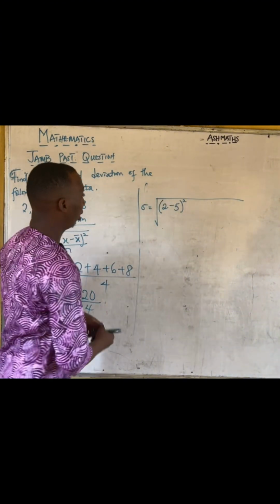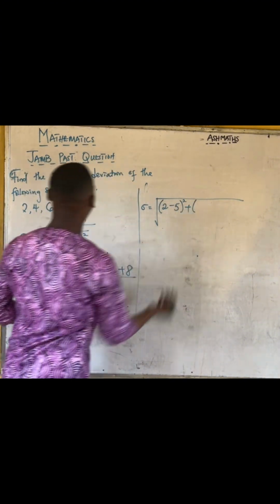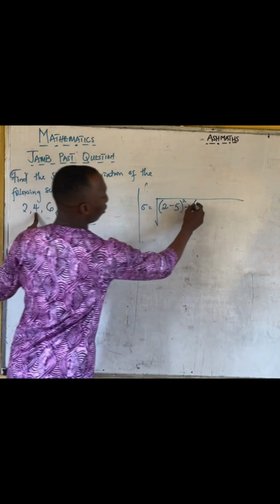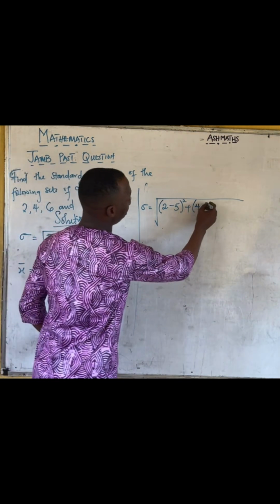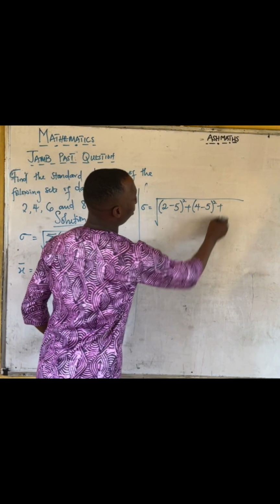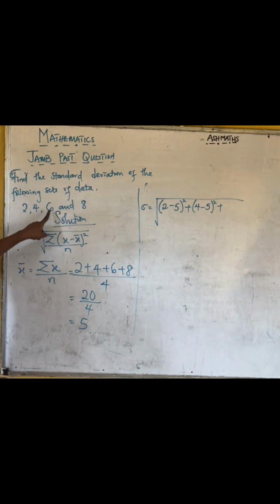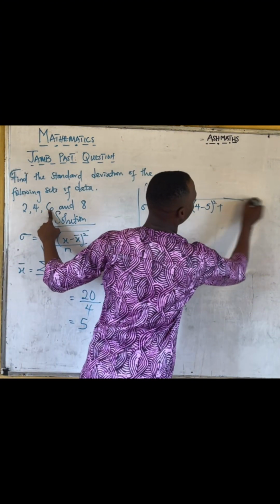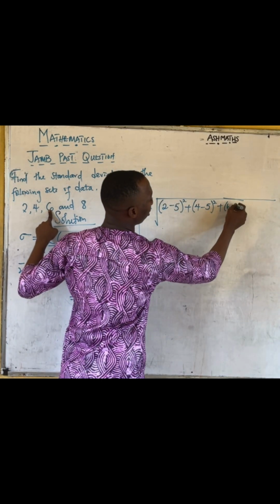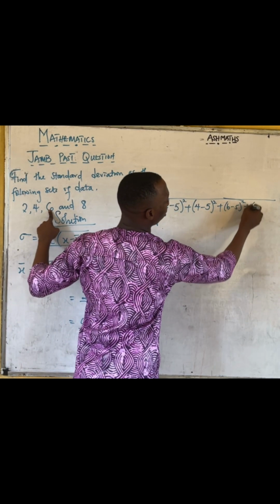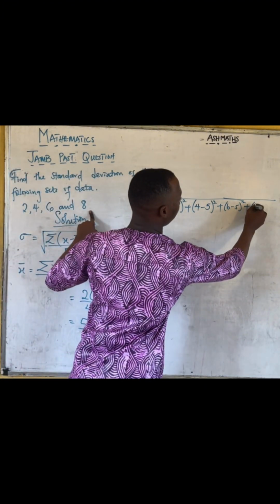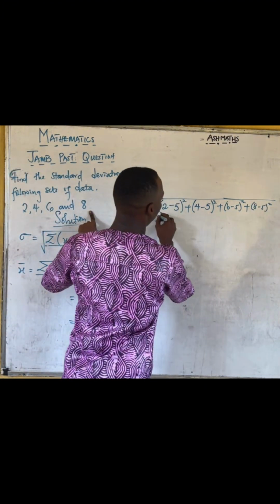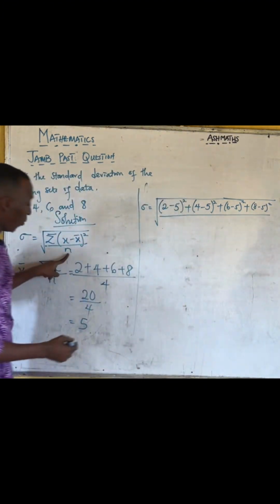Take note of that. Plus the second item, 4 minus the mean, which is 5, squared, plus the third item, 6 minus the mean, squared, plus the last item, 8 minus the mean, squared, all over the number of items.